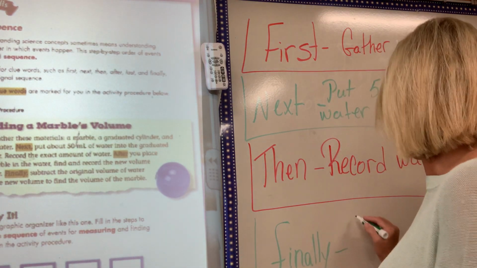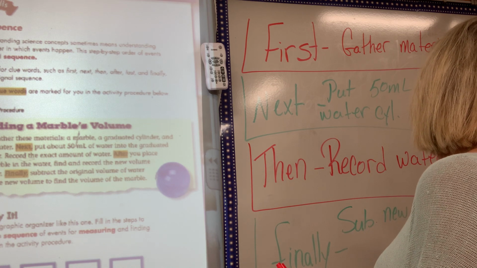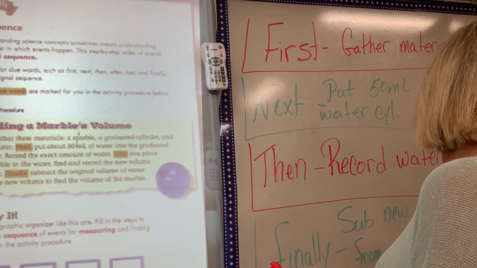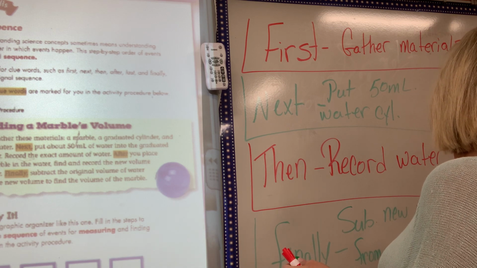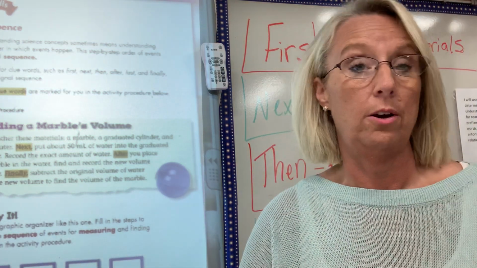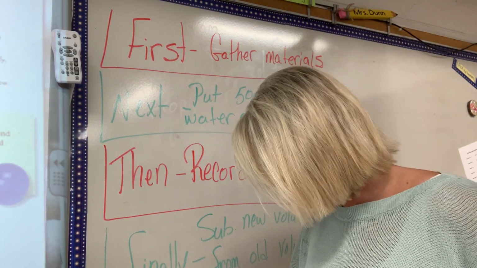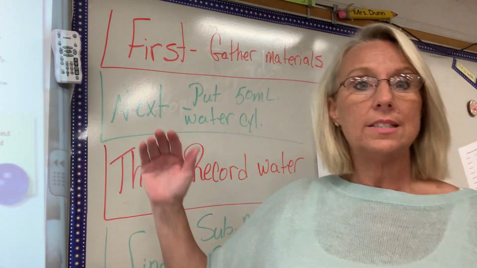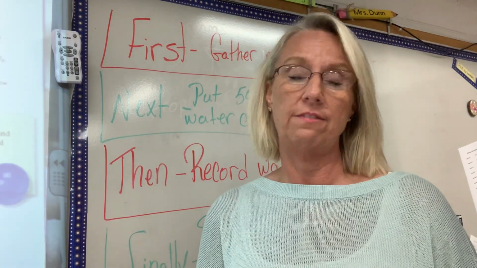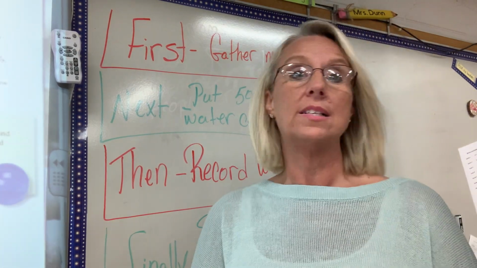So I'm going to say subtract new volume from old volume. Which is exactly what they did in our video. But what I'm wanting you to see is how does that look if you're doing a reading in science and trying to find that, okay? So that's the big piece that we're doing.